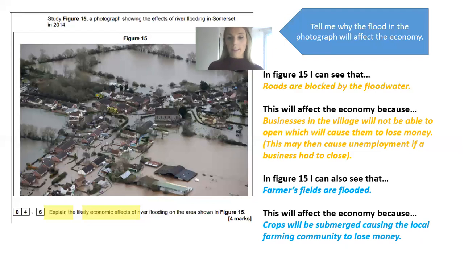So, for example, in this answer here, we've put businesses in the village will not be able to open. Okay, and then you think about, well, what will happen then if they can't open? Well, they'll lose money. Okay, or alternatively, it may cause unemployment in the long run if a business had to close.